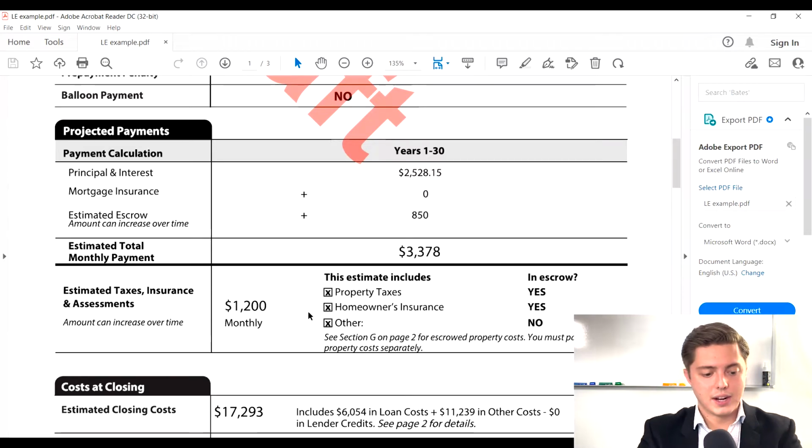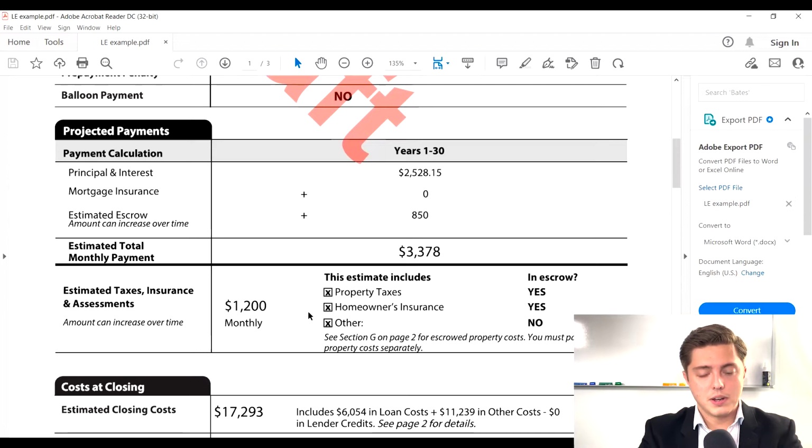Next is projected payments. Personally, this is the only part of the loan estimate that I dislike. It's kind of confusing, actually. When you have a mortgage, you have different things that are all being paid for and accounted for, either together, separate, or some combination of those.